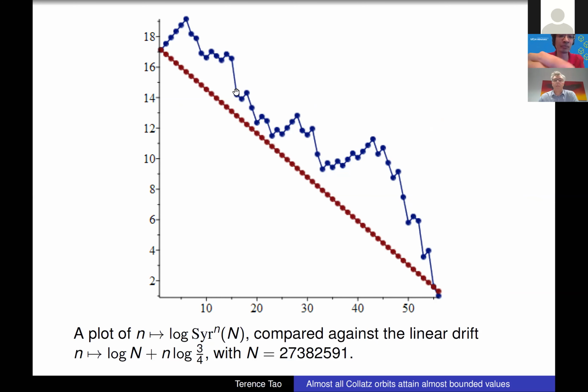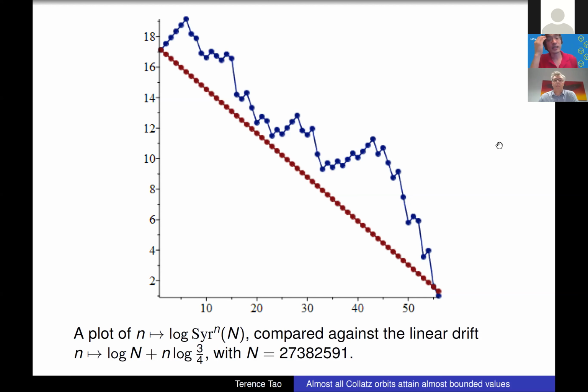I took the logarithm of all the iterates, and you can see it looks a little bit like a random walk. The prediction from the heuristics is that the logarithm should trend downwards over time with a slope of log 3/4. And if you look at this random walk, it does generally do that, with lots of random fluctuations, to be sure, but it does seem to drift down, give or take a Brownian motion.